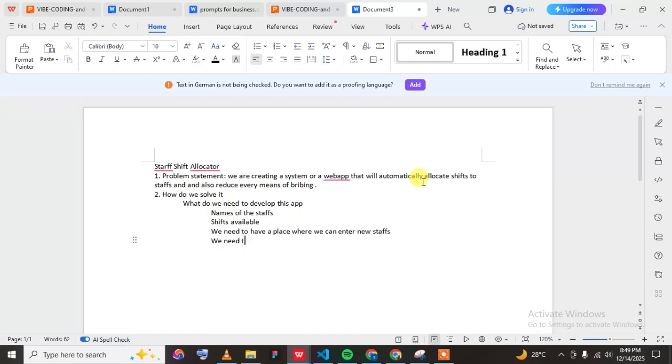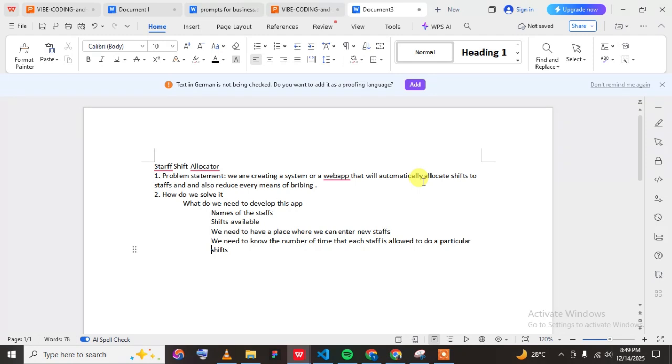We need to know the number of times that each staff is allowed to do a particular shift. Okay, we are still thinking. How many times is Mr. A allowed to do a particular shift?